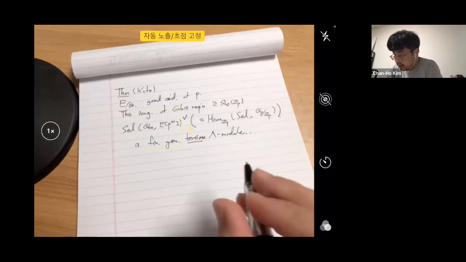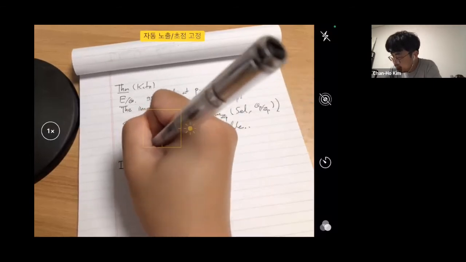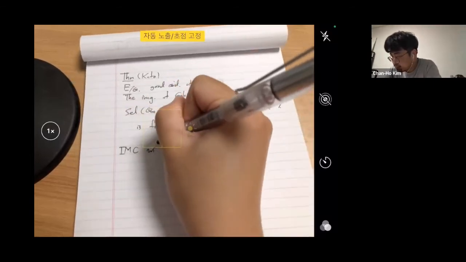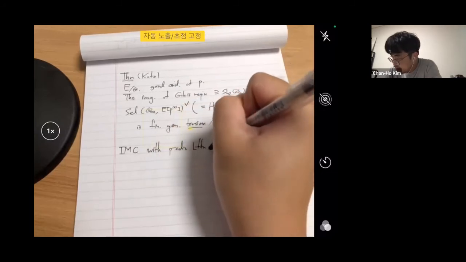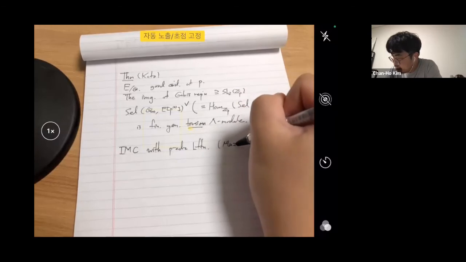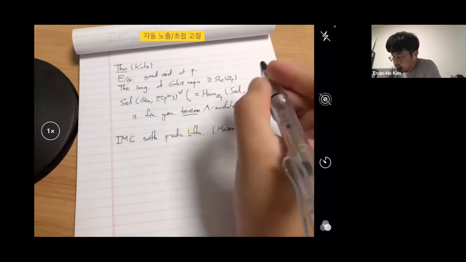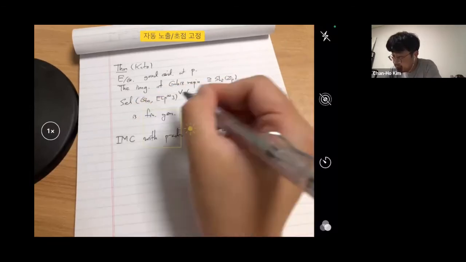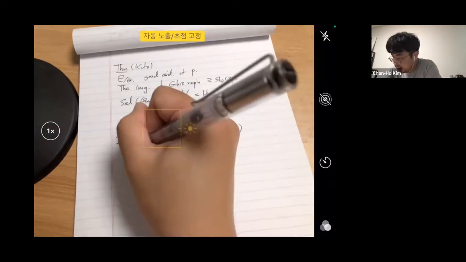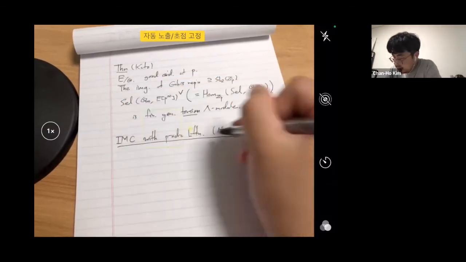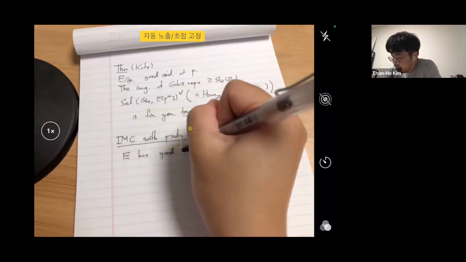And so the Iwasawa main conjecture with the p-adic L-function, due to Mazur, is that the characteristic ideal of the Selmer group is generated by the p-adic L-function. That's for good ordinary reduction at p.